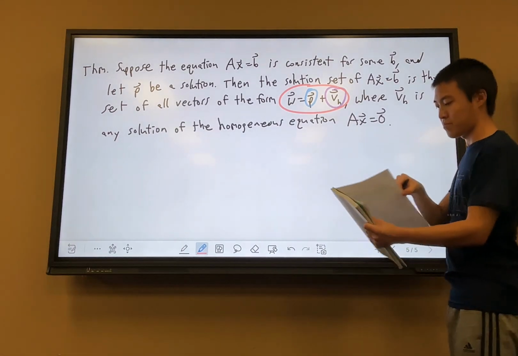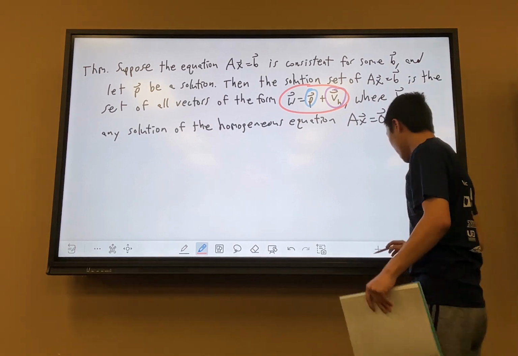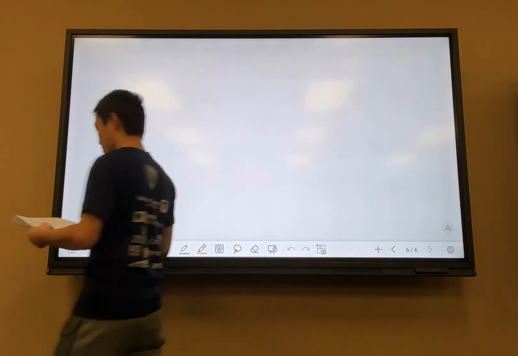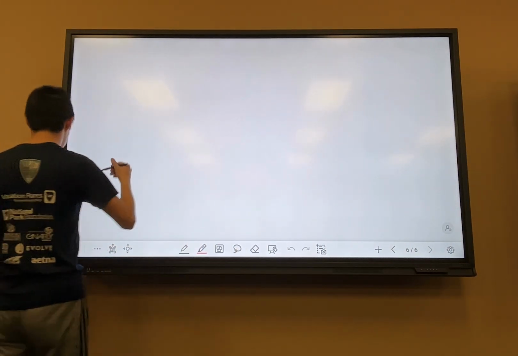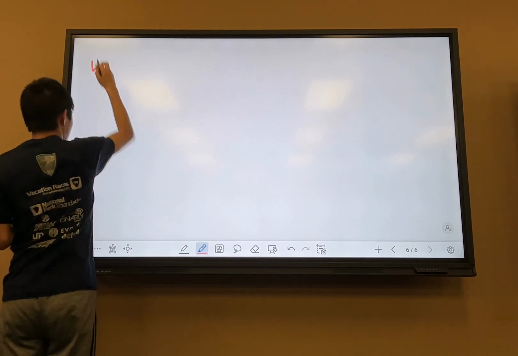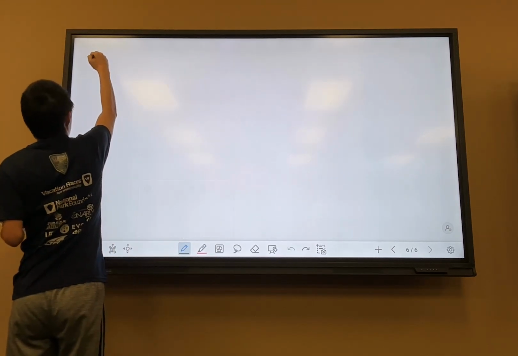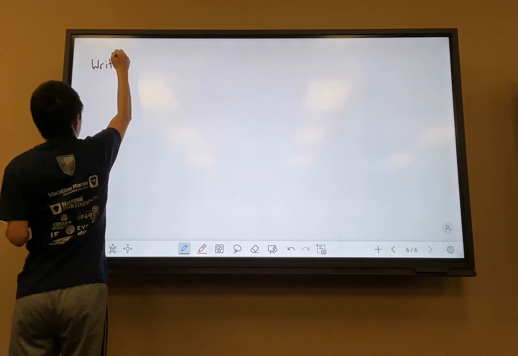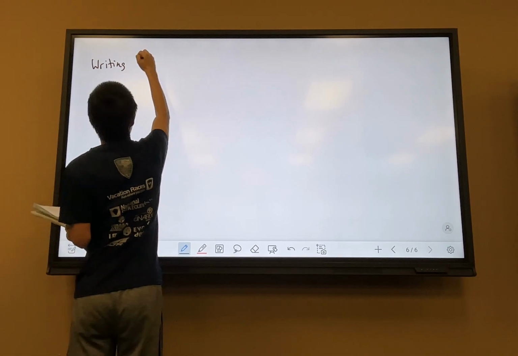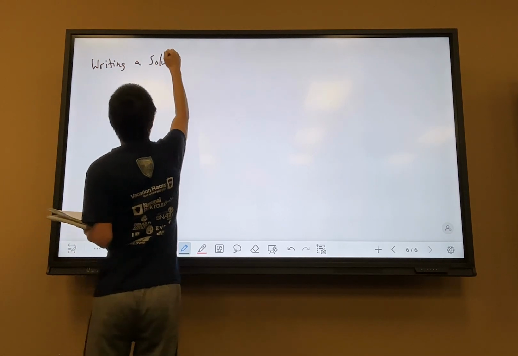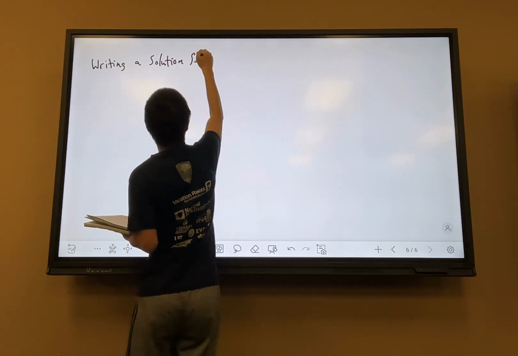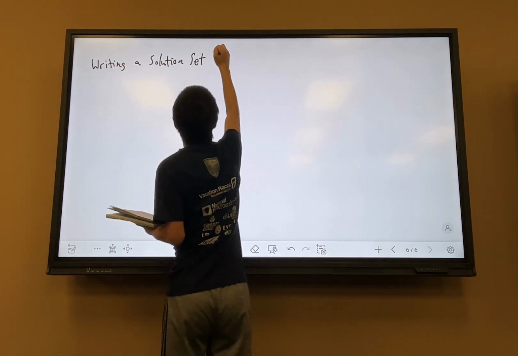So, last thing here is just the baseline algorithm for writing a solution set of a consistent system. So writing a solution set of a consistent system.